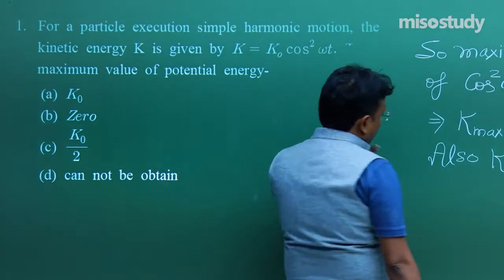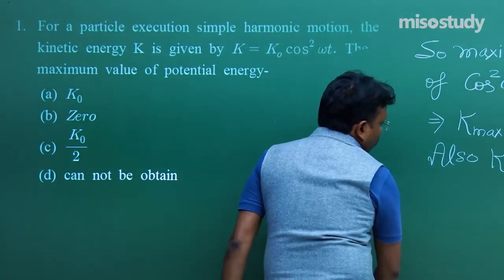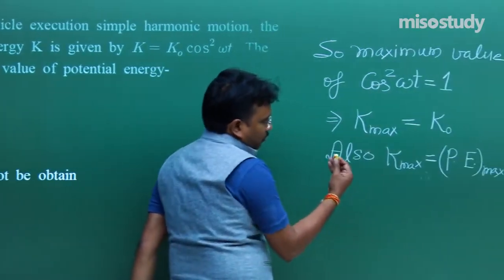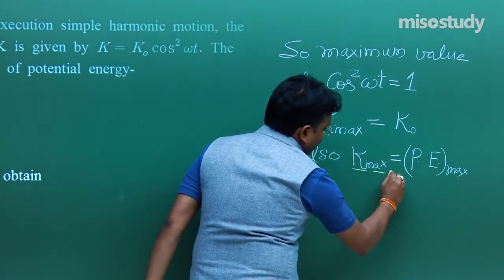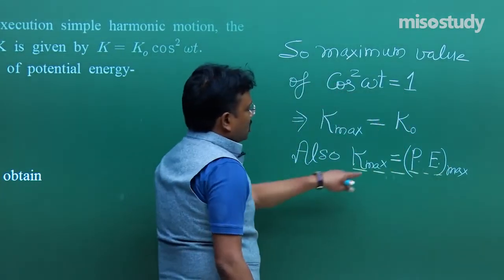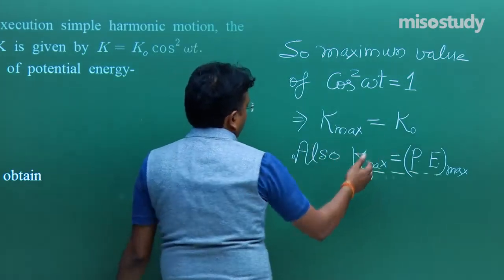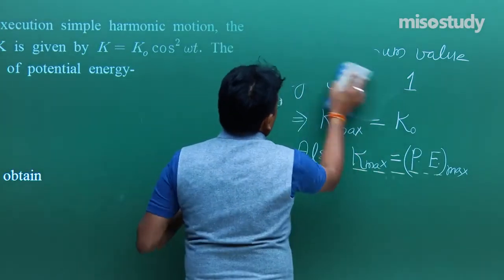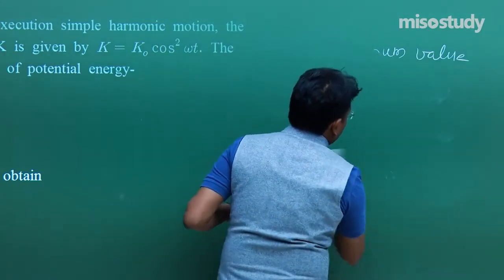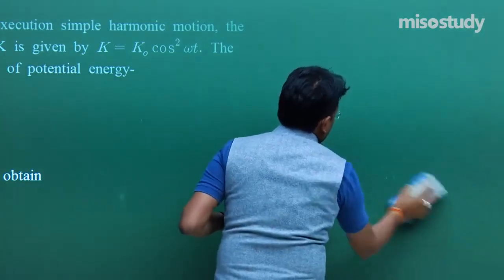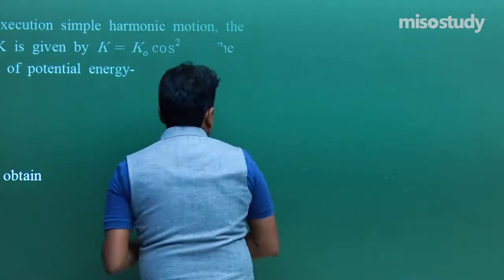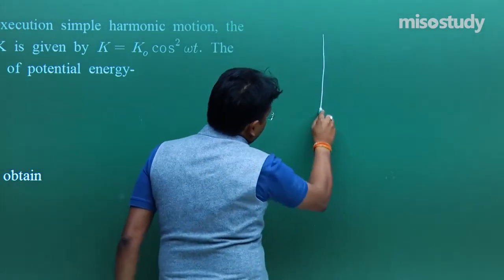Now, for all those slightly confusing aspects for students, I am going to explain two extra points over here so that you can understand why I am saying that kinetic energy maximum is equal to potential energy maximum.